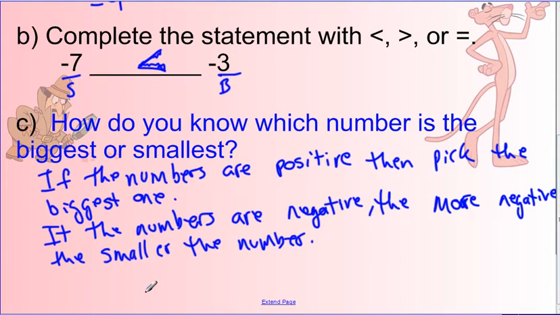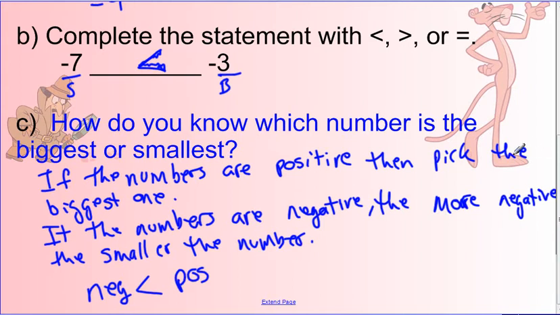And I guess you could always say that any negative number is smaller than any positive. Positives are bigger than negatives. And that's always going to be true.